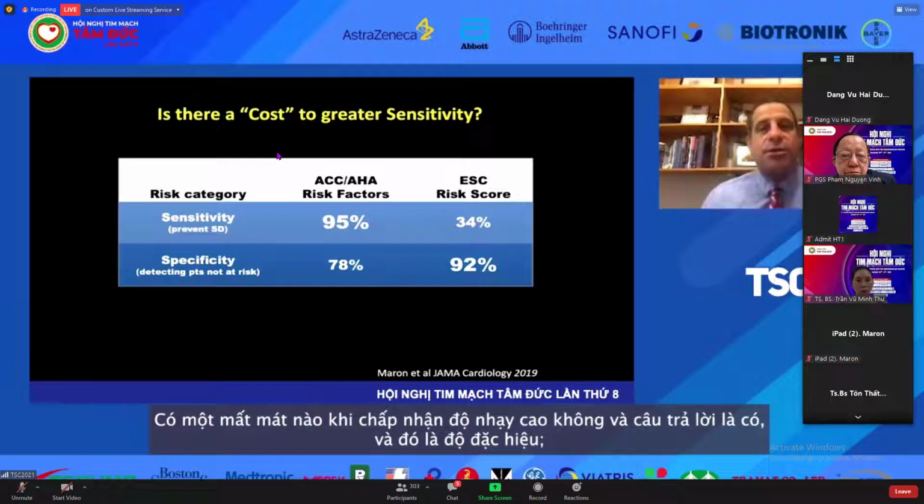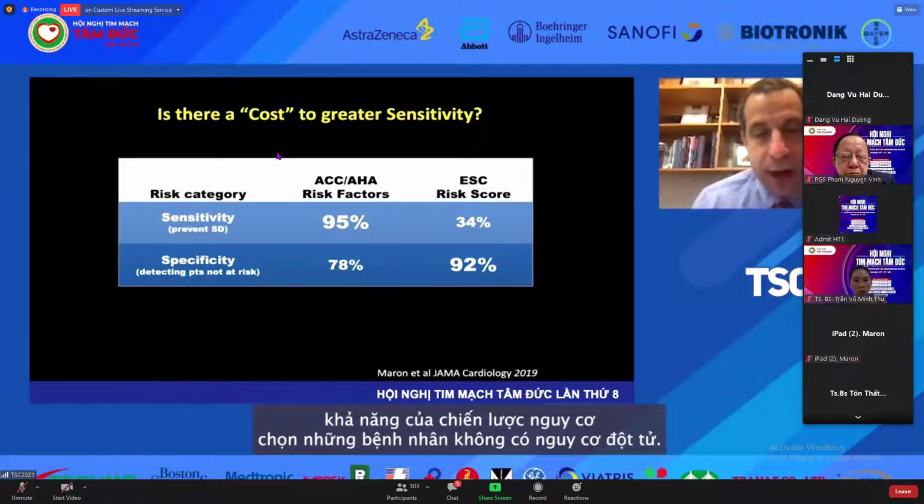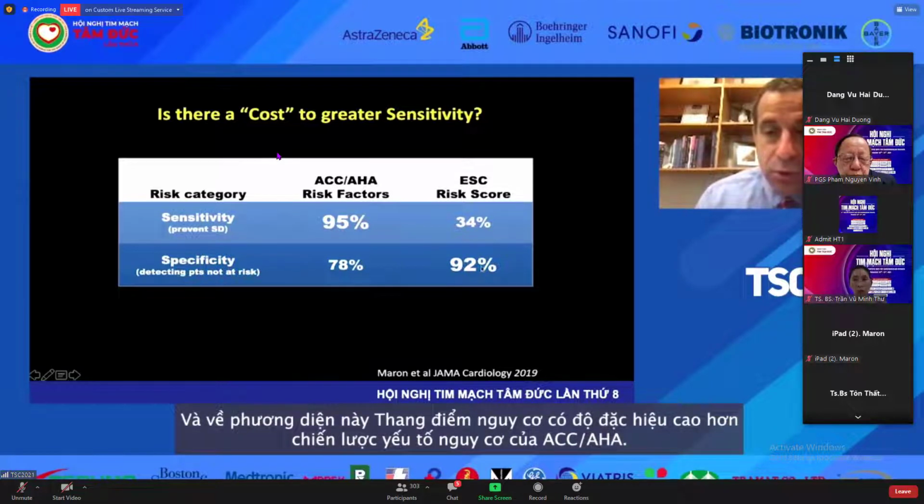Now, is there a cost to greater sensitivity? And the answer is yes. And that's specificity, the ability of the risk strategy to detect patients that are not at risk for sudden death. And in this regard, the risk score tools have a higher specificity than the ACC-AHA risk factor strategy.